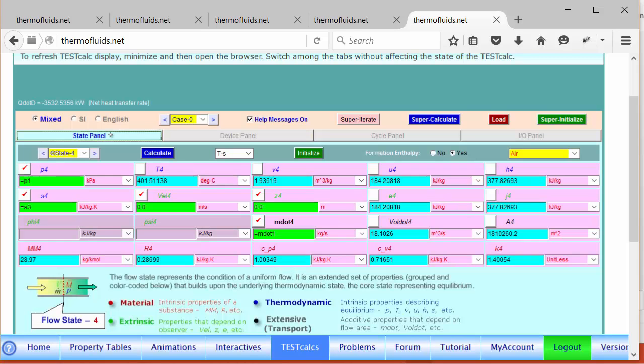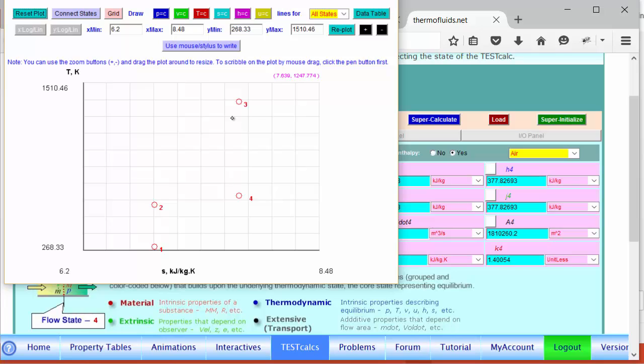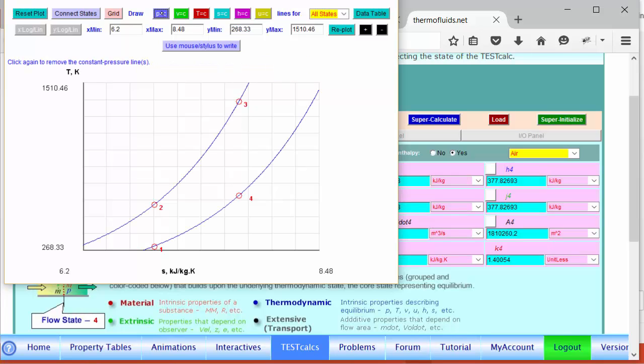And just for peace of mind, we should always do a TS diagram to make sure that if we draw the constant pressure lines, we get a nice cycle, right? 1 to 2, compression; 2 to 3, constant pressure heat addition; entropy remains constant in the expansion process; then constant pressure heat rejection.